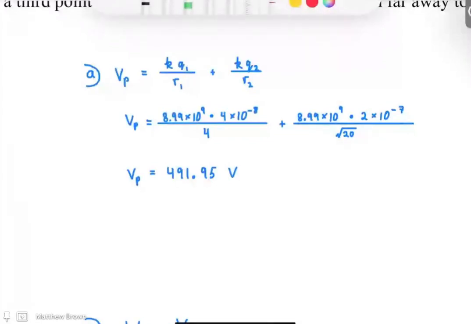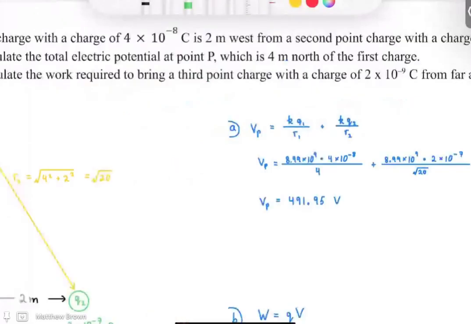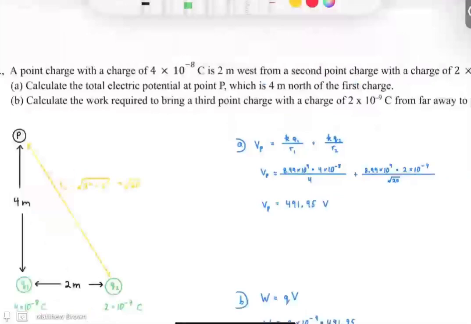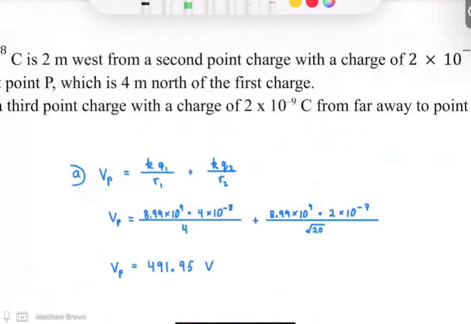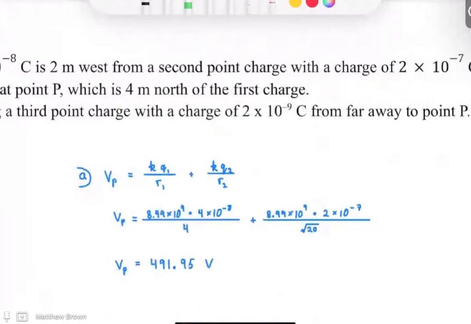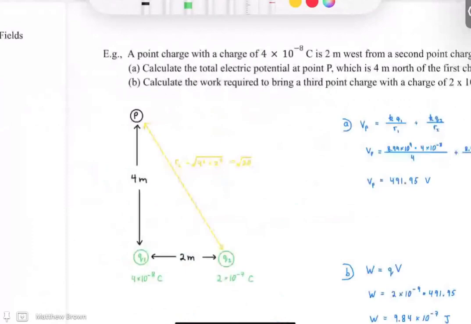And then there's a part B here: calculate the work required to bring a third point charge, which has a charge of 2 times 10 to the negative 9 coulombs, from really far away, in theory infinitely far away, to the point P. And there's my diagram again.